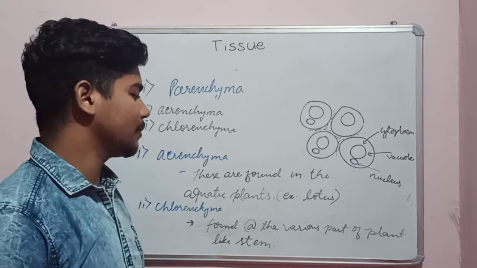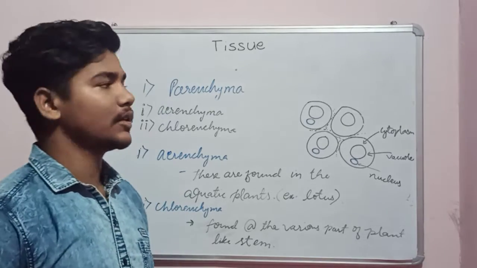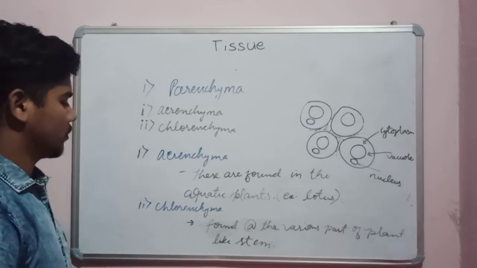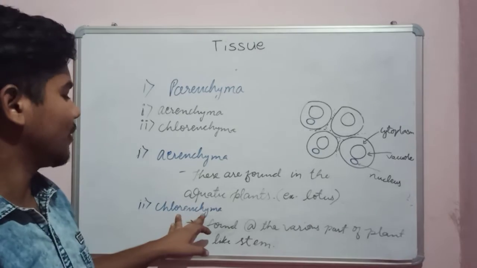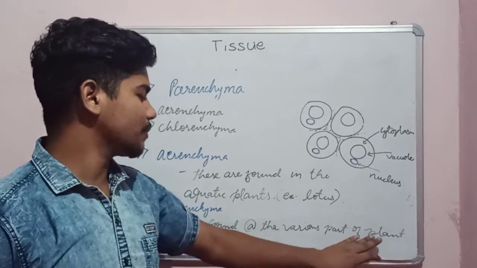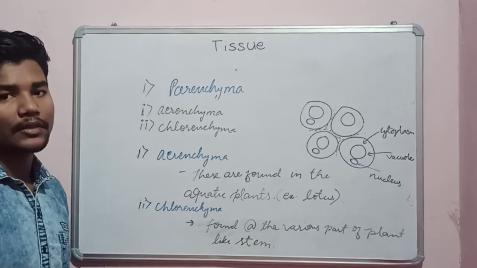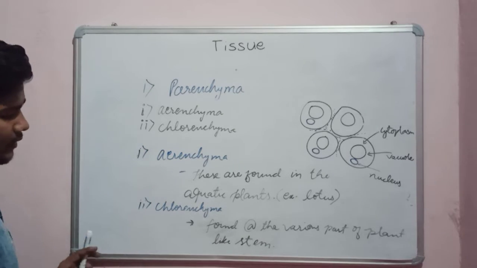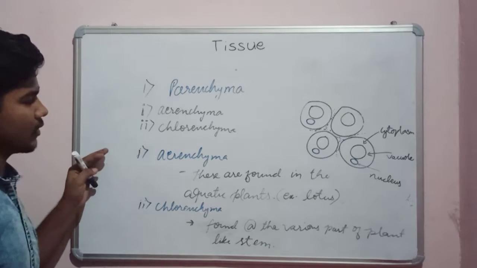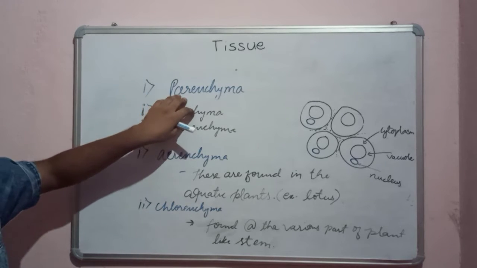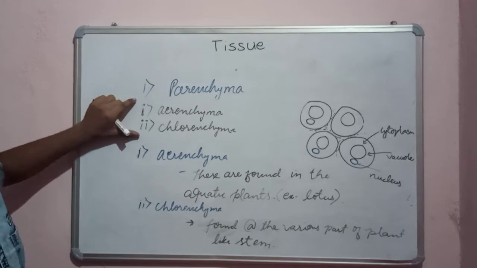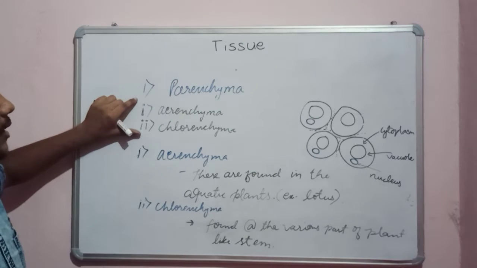Chlorenchyma is found at the various parts of the plant like stem. Some plants have their green stem due to the presence of chlorenchyma. So I think you have written this. Parenchyma is of two types. They are the derivatives of the parenchyma.